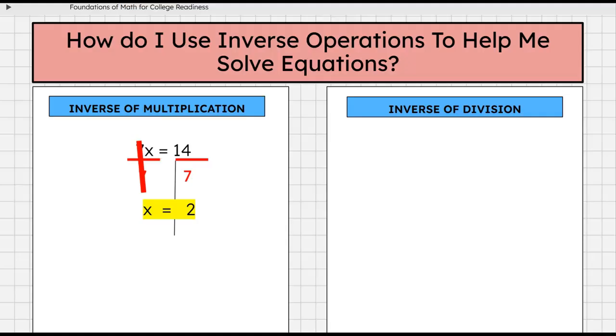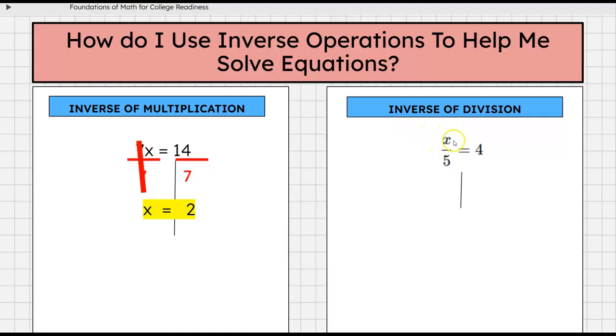Let's look at the inverse of division. Most of the time, especially with one-step equations, if you are going to use the inverse of division, it's going to be in fractional format. So if you look, we have x divided by 5 equals 4. Don't get tripped up because you see a fraction. Fractions are really not as scary as they seem.